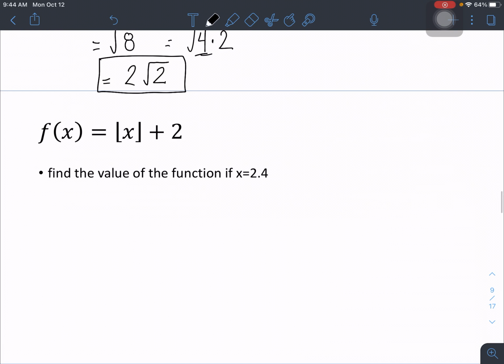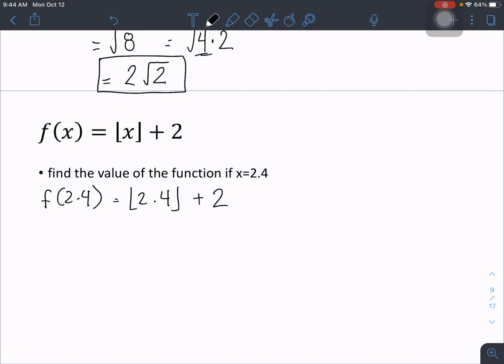Next one. So f of x, so x should be 2.4. f of 2.4 is equal to the floor function of 2.4 plus 2. Okay, when we use the floor function, we are rounding a number to the nearest lower integer.